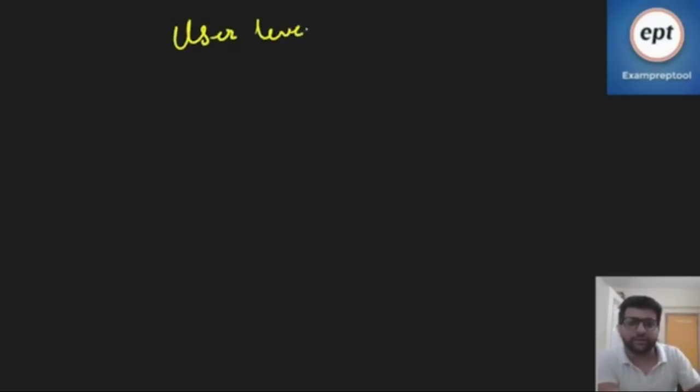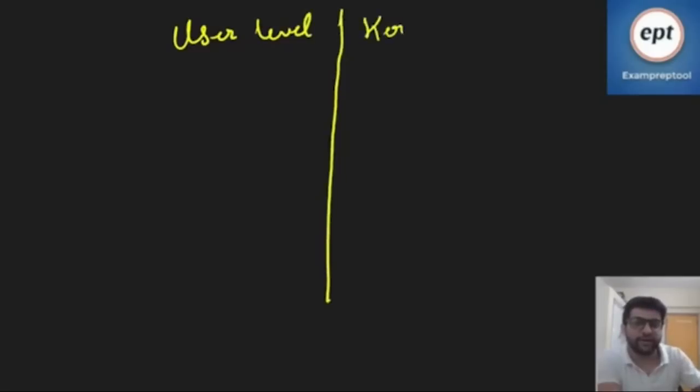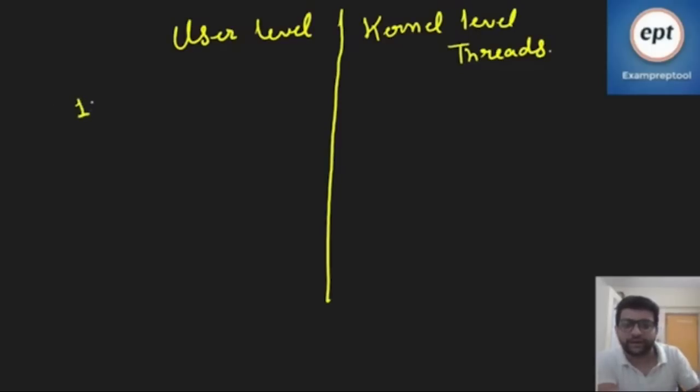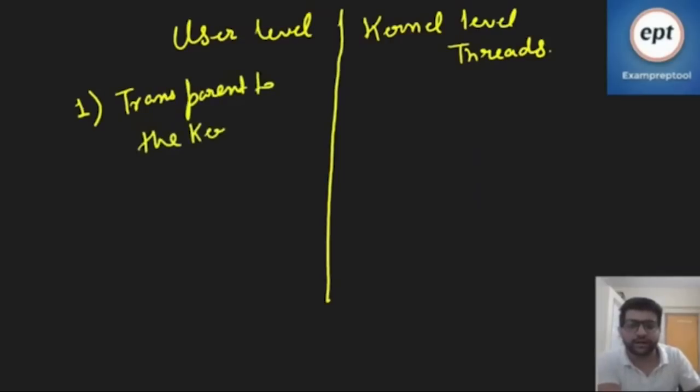We have user level threads and we have kernel level threads, right? So we know that user level threads are transparent to the kernel, which means they are not known to the kernel, right?